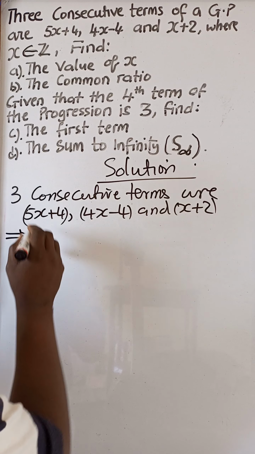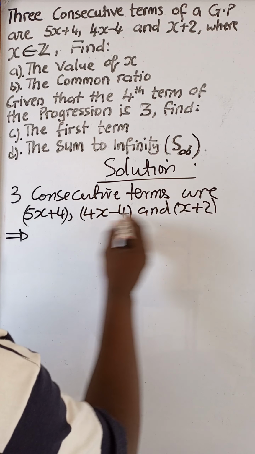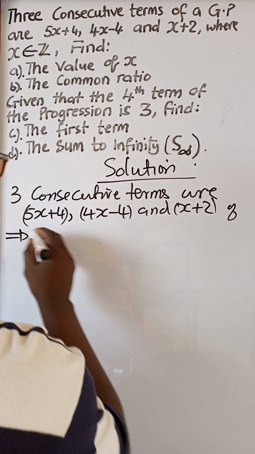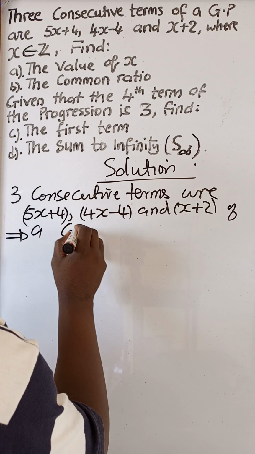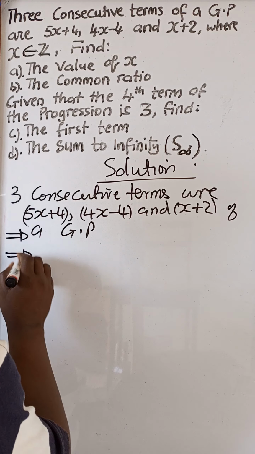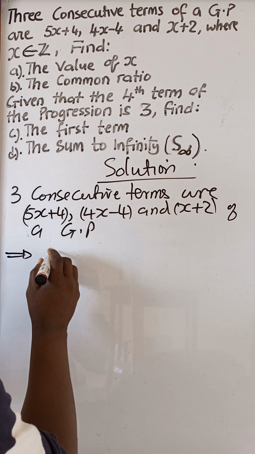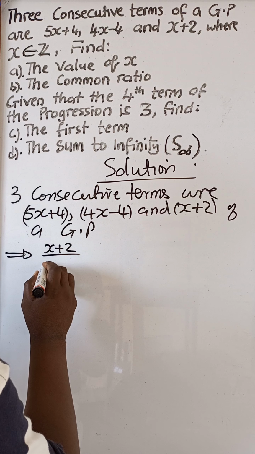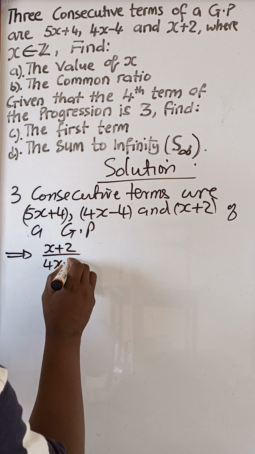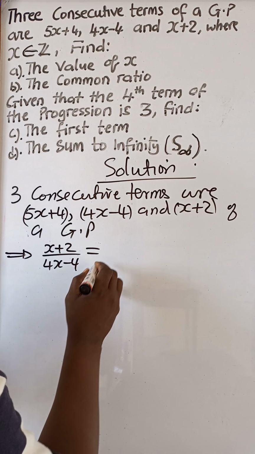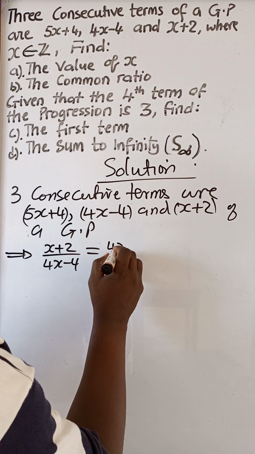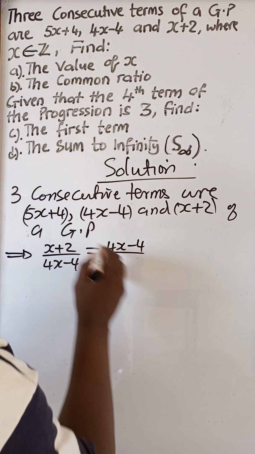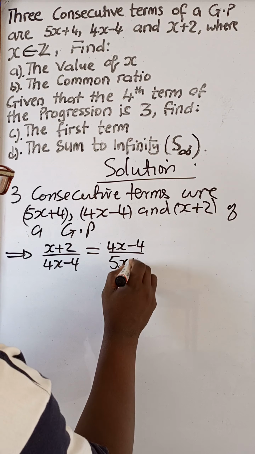All right. These are three consecutive terms of our GP. It therefore means that this term divided by the term preceding it will give us the same value as this term divided by the term preceding it.